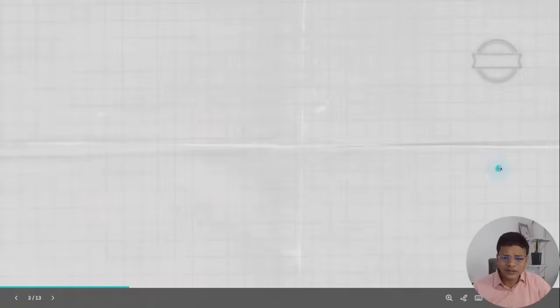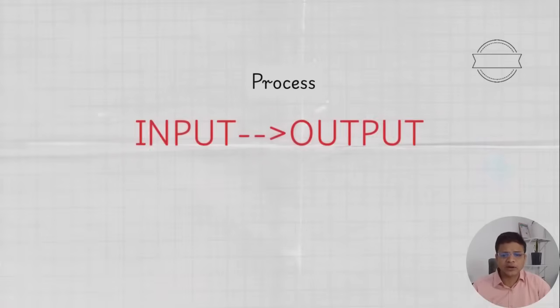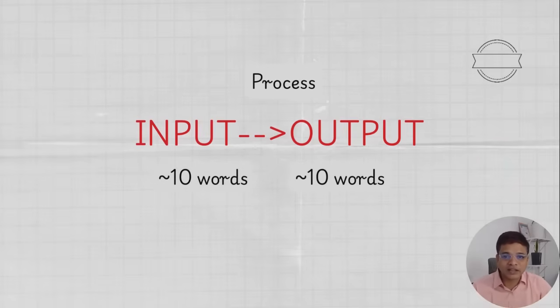So what is dictation? Basically, the process of dictation is an input-output process, IO. You will get to hear one sentence which usually has some 10 words. You will listen carefully, catch those 10 words, remember them, and type those 10 words back in the correct spelling.